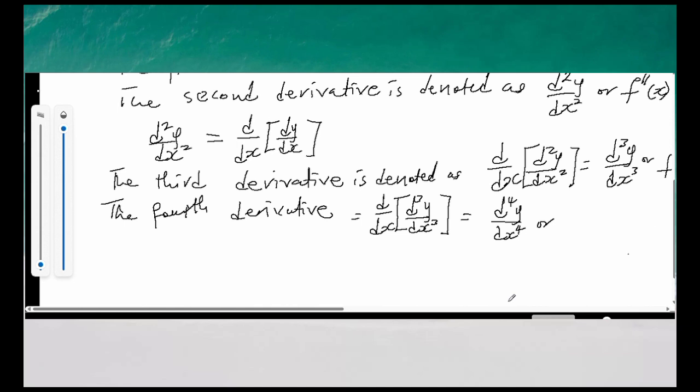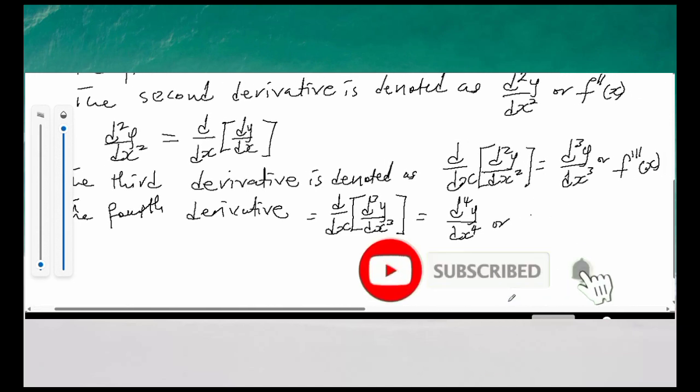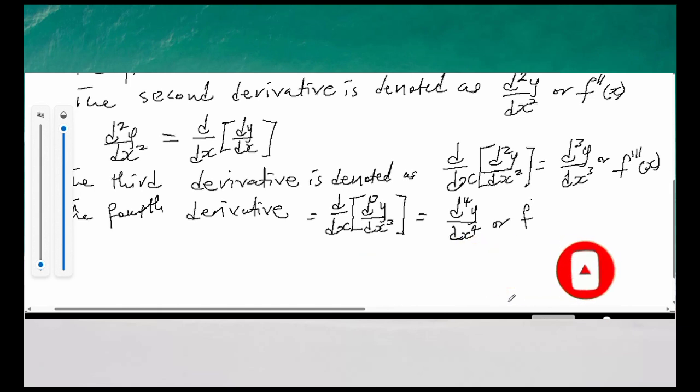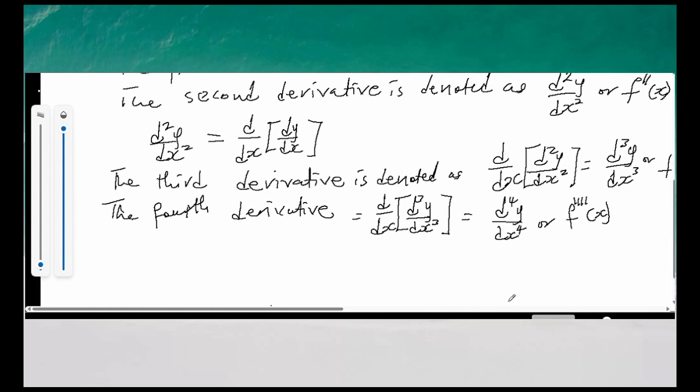Or probably, if the function is f, then we're going to have f primes. How many primes? Since we're talking of fourth derivatives, we're going to have 4 primes. So 1, 2, 3, 4 of x. Right? Cool.